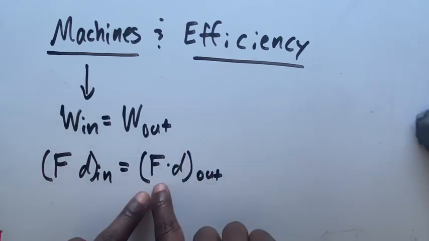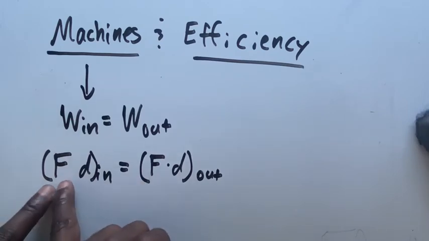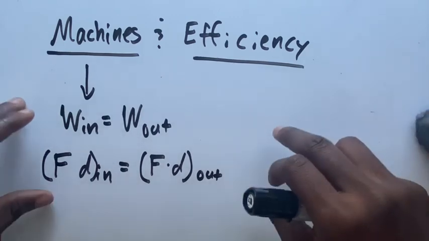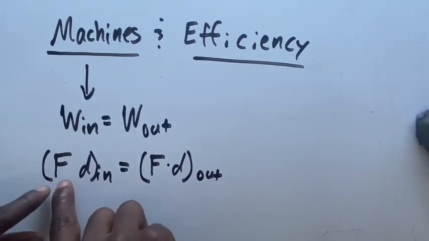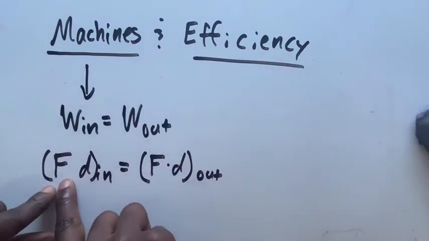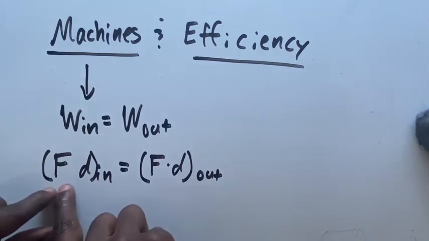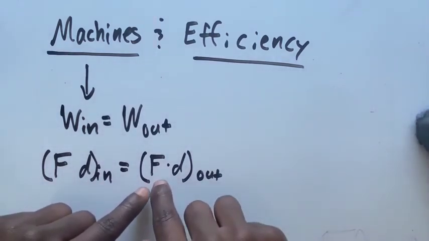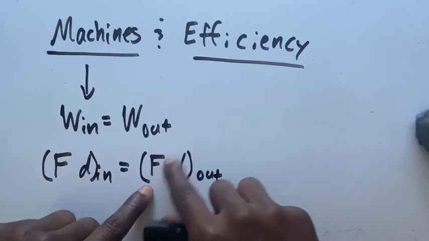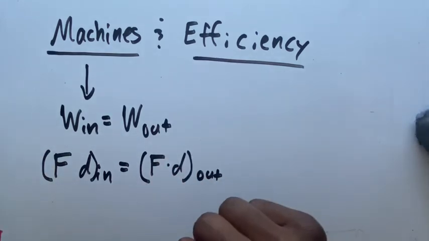So the amount of force that comes out does not have to be the same amount of force that you put in, right? That's kind of the whole point of a machine. Let's say you put in a little bit of force, but then a lot of force can come out, depending on the machine.